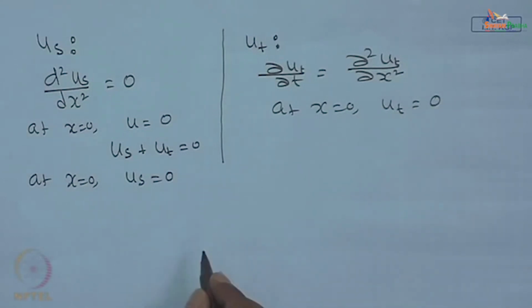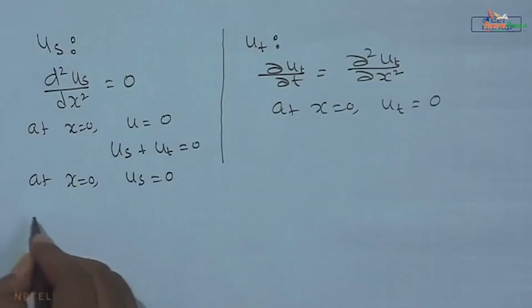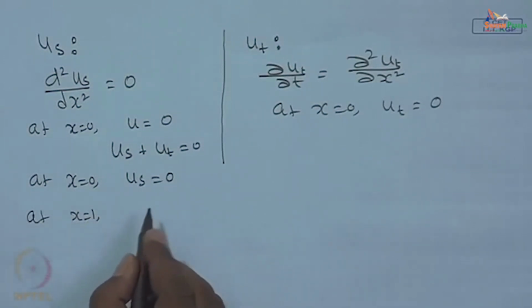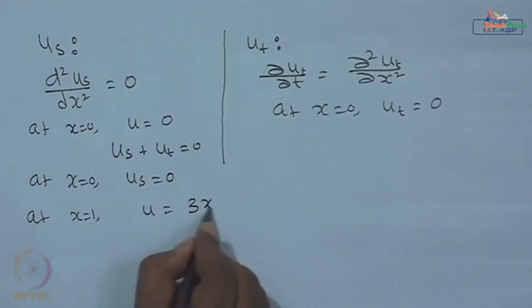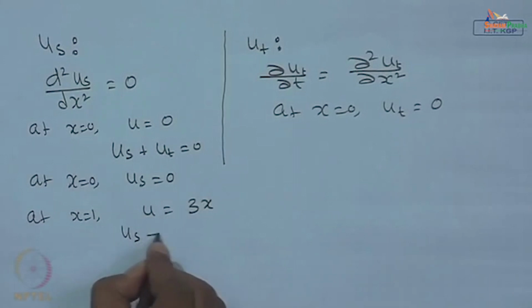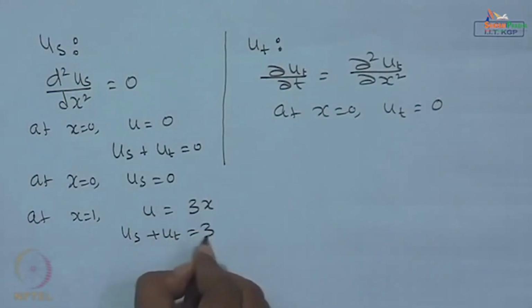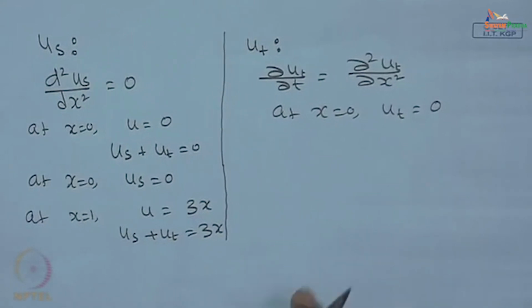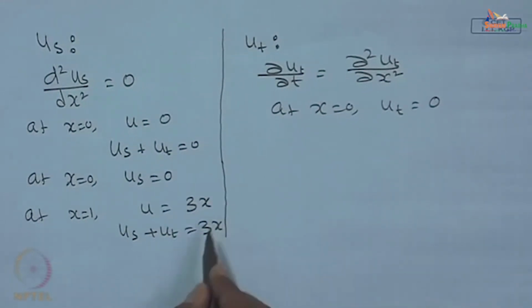Now, we put the other boundary at x is equal to 1, u is equal to 3 x. So, we put u s plus u t is equal to 3 x. Now a fundamental step comes here. We associate the non-homogeneous part with the steady state part, so that we will enforce the transient part to be homogeneous.